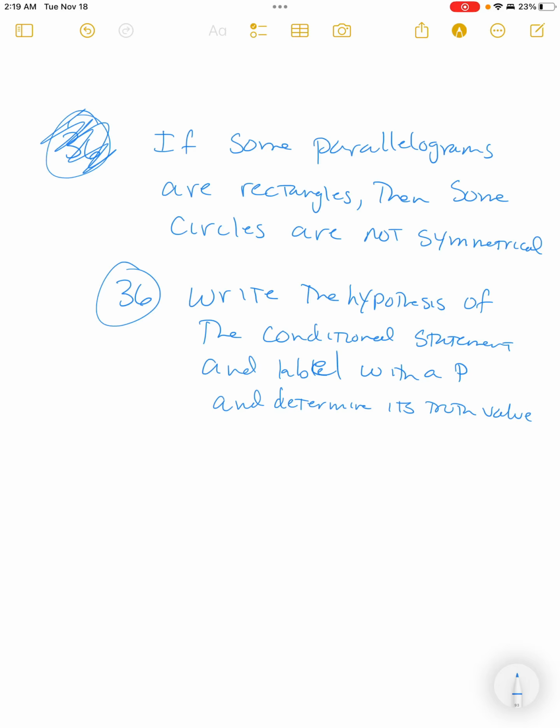So the hypothesis is the if part. So P is some parallelograms are rectangles.